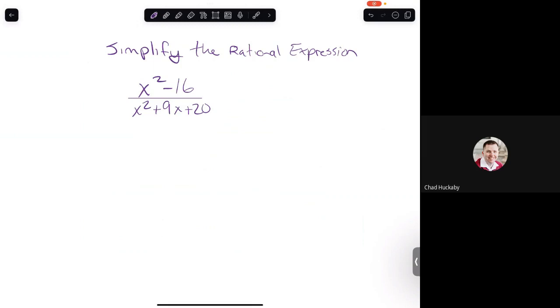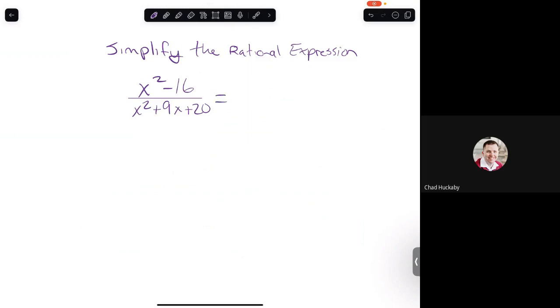So when you're asked to simplify, what is the first thing you think of? Well, when I see an expression in the numerator and the denominator that has a quadratic, I immediately think, can I factor these quadratics? So let's try that.